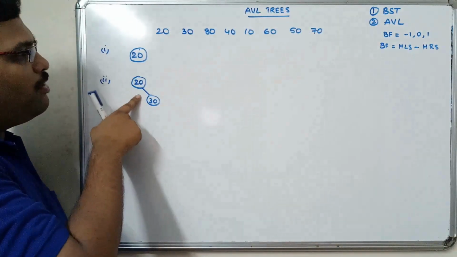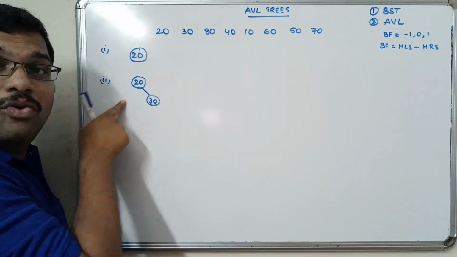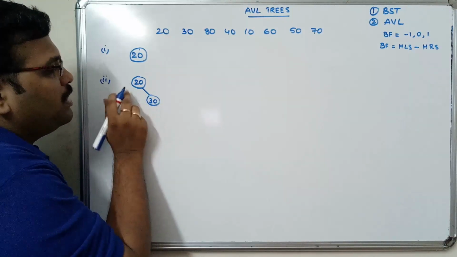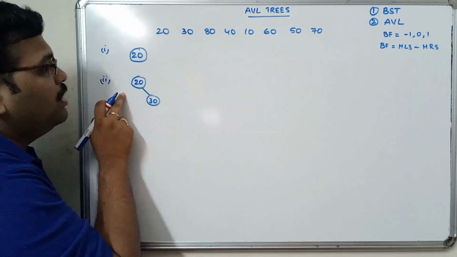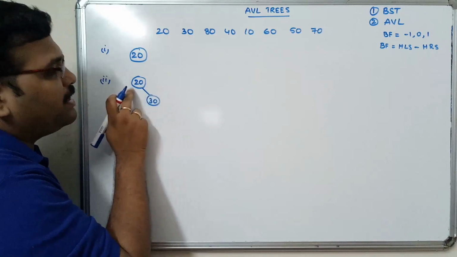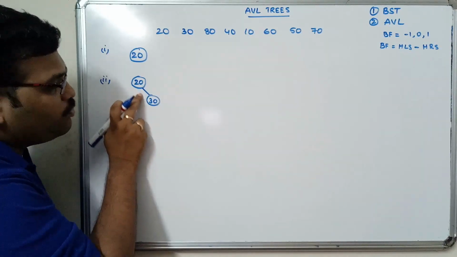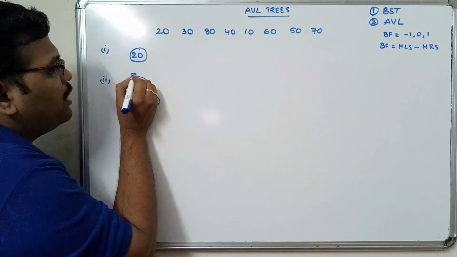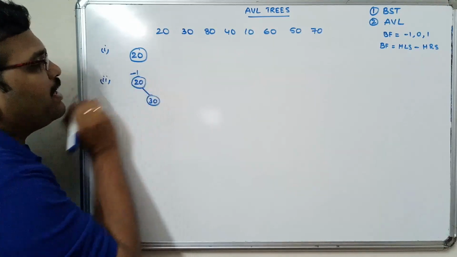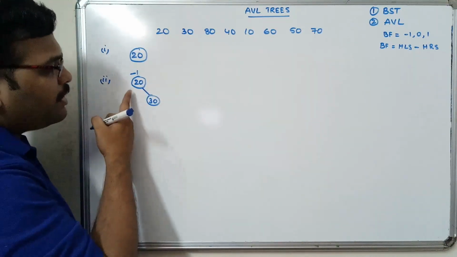So here the height of left subtree, there are no nodes, so 0. The height of left subtree is 0. Height of right subtree for this 20, there is only one node. So 0 minus 1, it is -1. The balancing factor is -1 for 20.